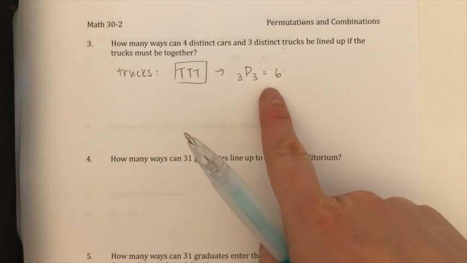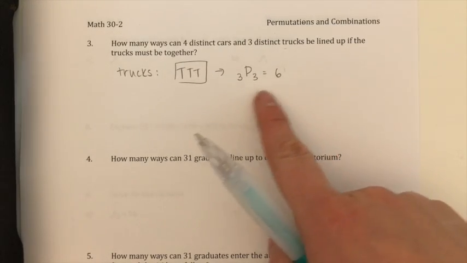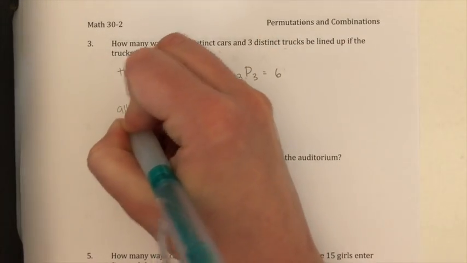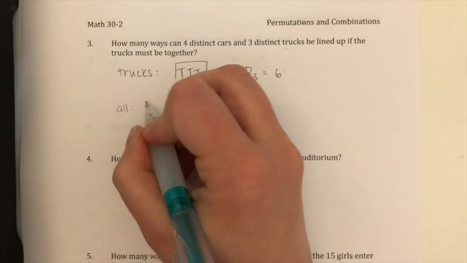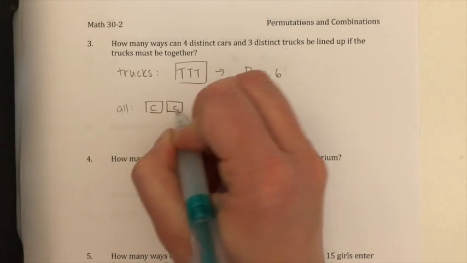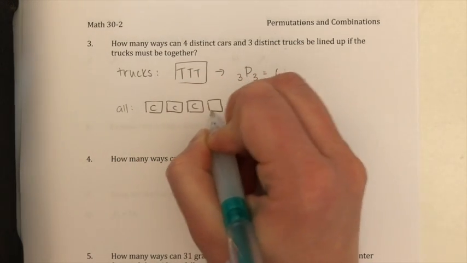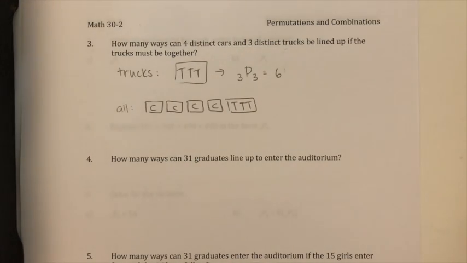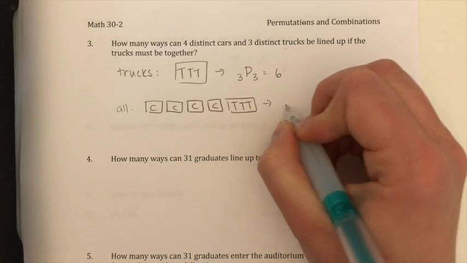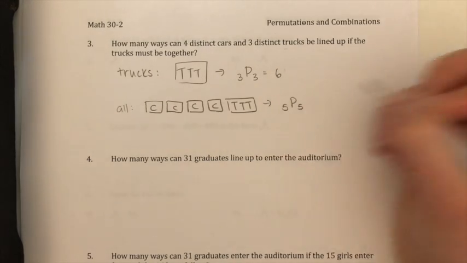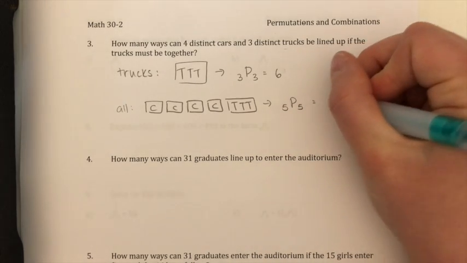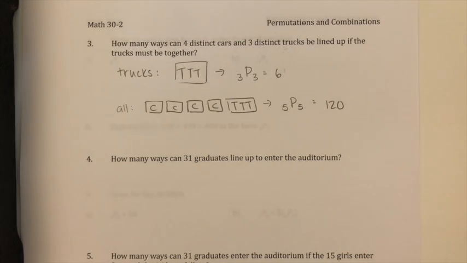You can punch that into your calculator, or do 3 times 2 times 1, either way. Then we do all the things together. We're going to have 4 cars that we can move around as individuals, and then that package deal of trucks. So now we have 5 objects, and we need to pick an order for all 5 of them to line up. If we punch that into our calculator, it's going to be 120.